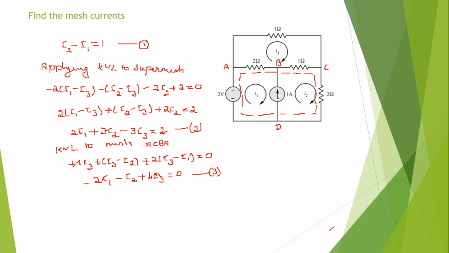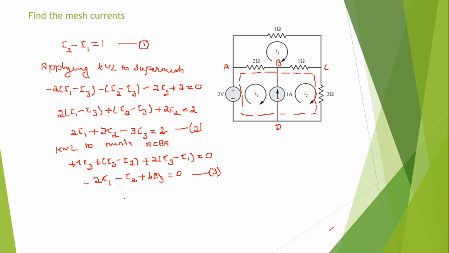So 3 unknowns, I1, I2, I3, and 3 equations: I2 minus I1 equal to 1, 2I1 plus 3I2 minus 3I3 equal to 2, and minus 2I1 minus I2 plus 4I3 equal to 0. These are the 3 equations.